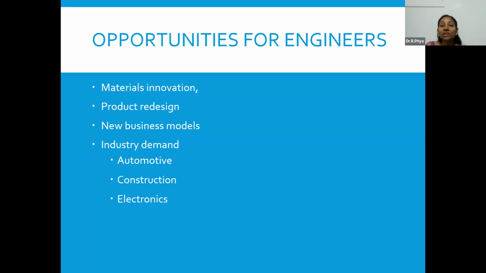In electronics, modular design, e-waste recovery, right to repair solutions, right? The additional growth areas: textiles, packaging, renewable energy tech, etc. For each sector I'm giving examples of case studies, right? The automotive, construction, electronics, electricals, like that.